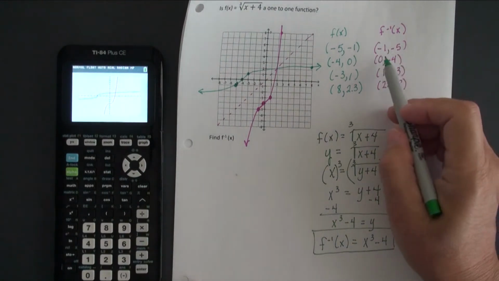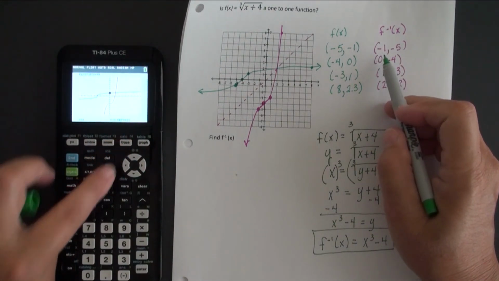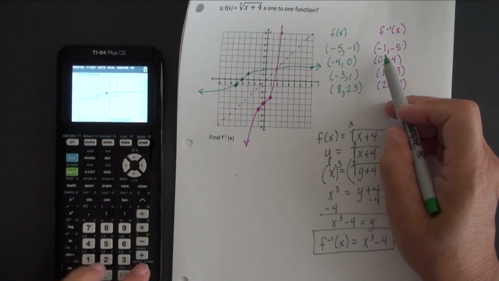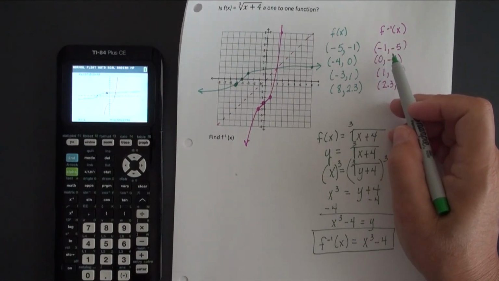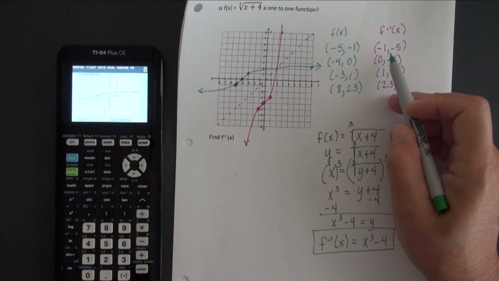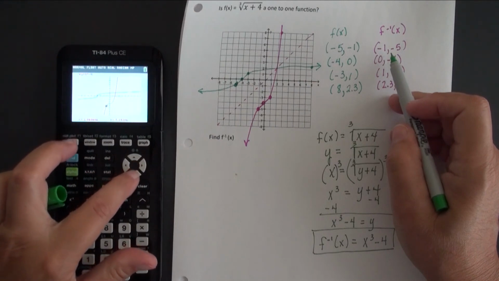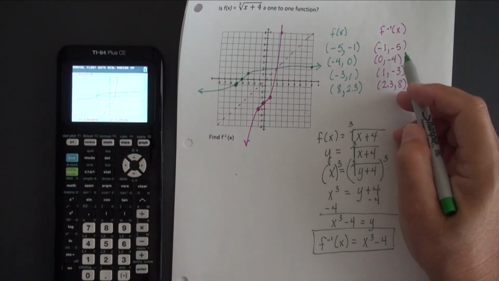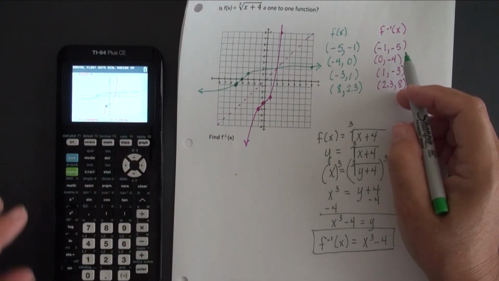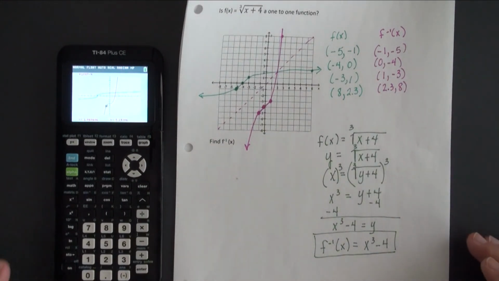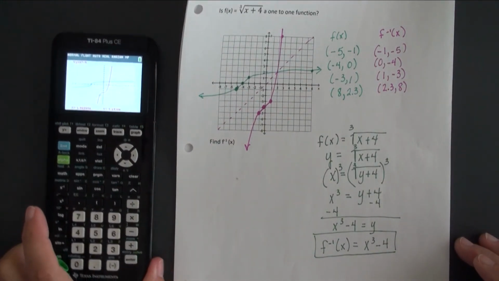And you can even check some of your points. If I do trace, -1, whoops, I got to go on to my other graph. -1, I get -5, and so on. So you have completed this example.